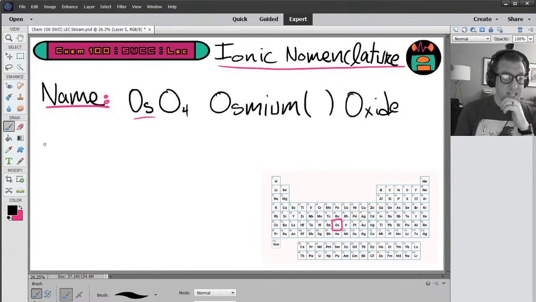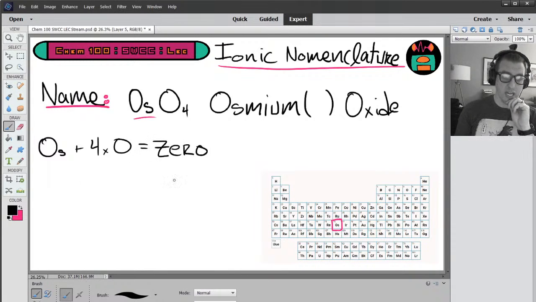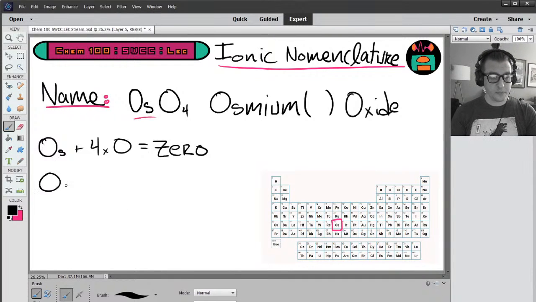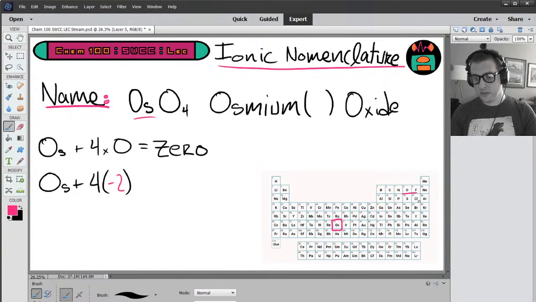Now, the way we find it is we know that the charge on osmium plus 4 times the charge on oxide has to add to 0. Our positives and our negatives have to cancel. We don't know what the charge on osmium is, but we do know that oxide has a charge of -2. Oxygen has 8 electrons. It wants 10 like neon.